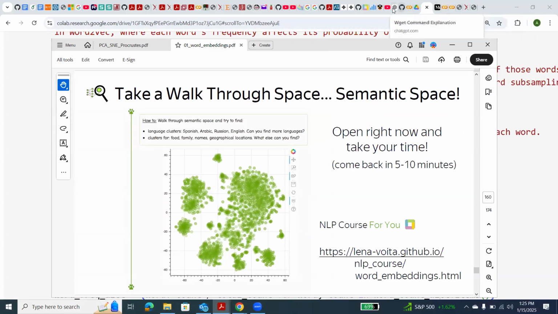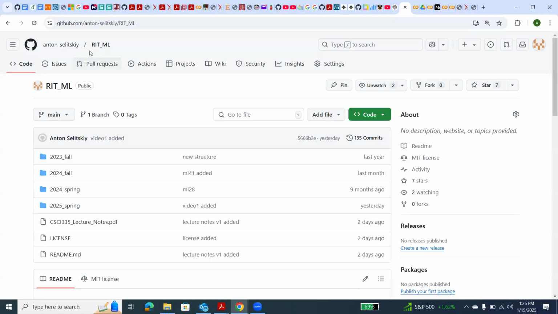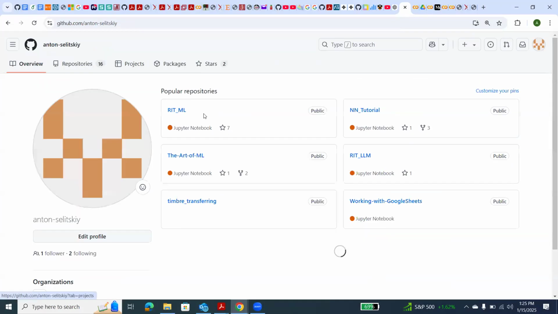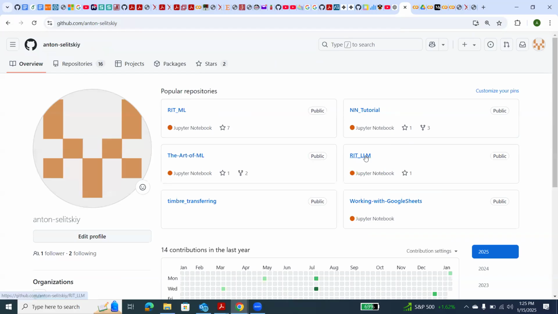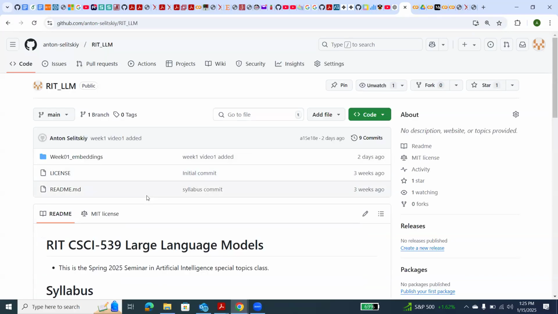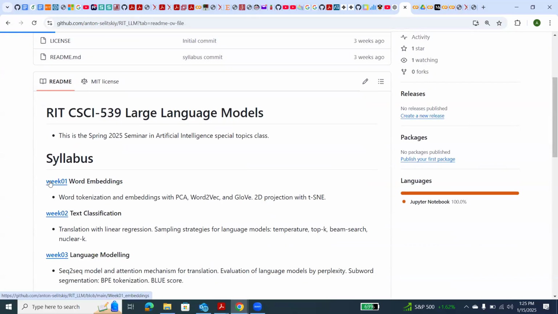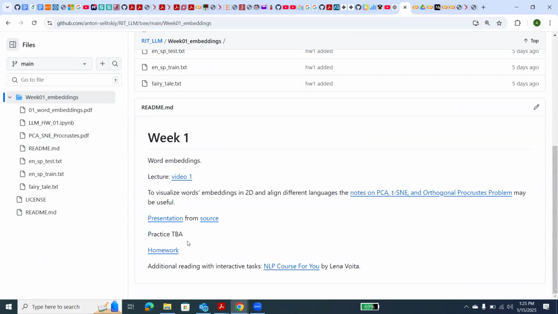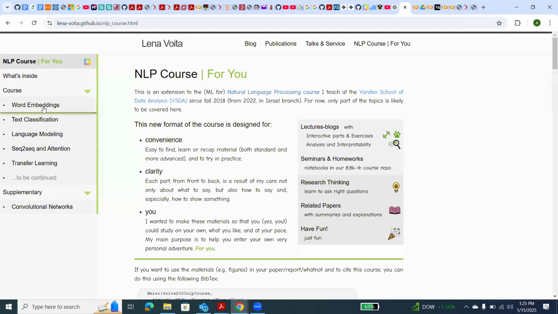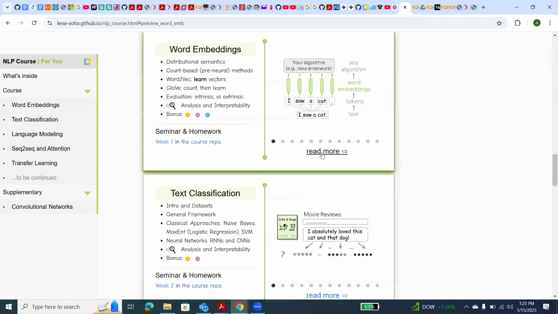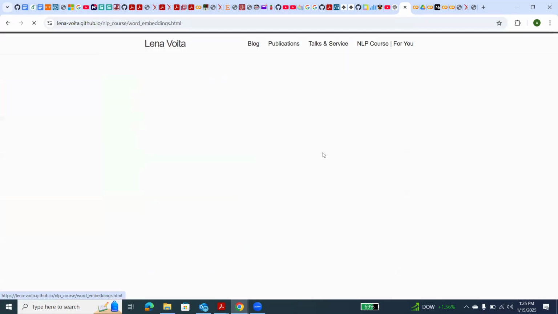So where is our... So you will find the link on week 1. Here is the link, NLP course for you. And the first topic is word embeddings. You can go to read more.